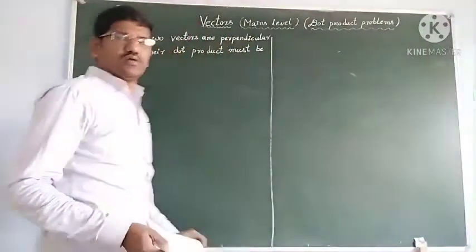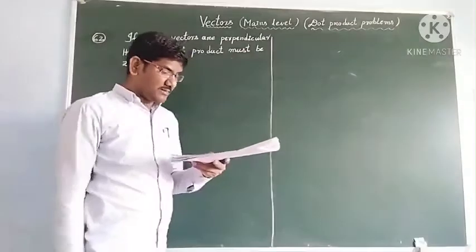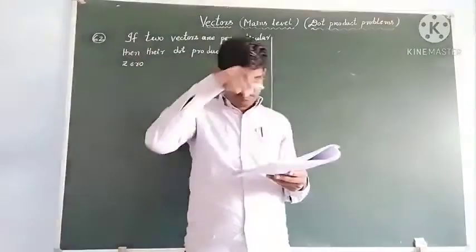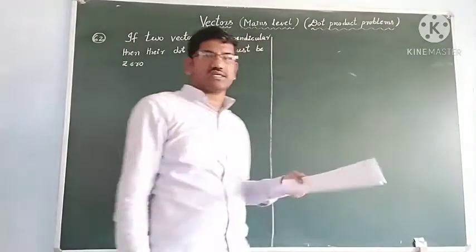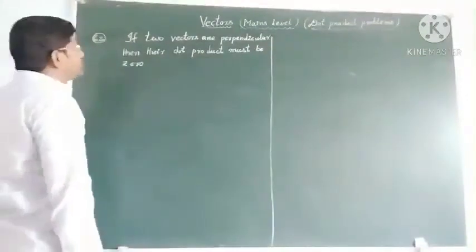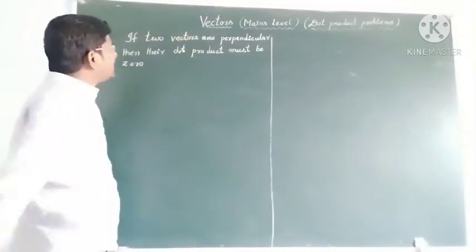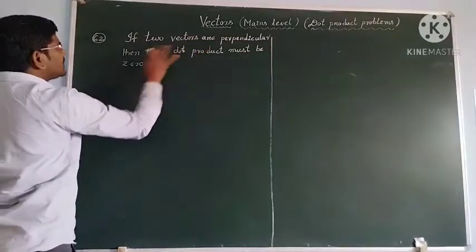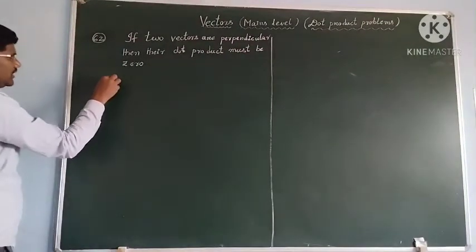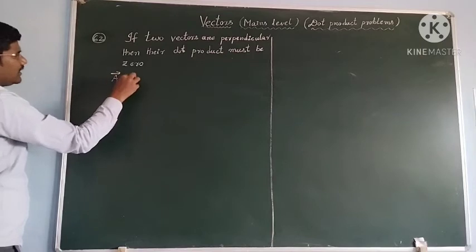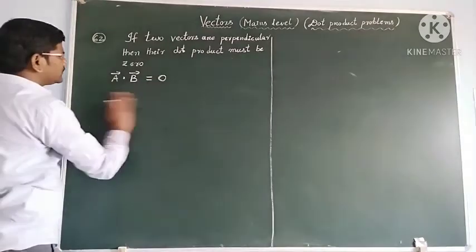Okay students, what is given? Problem number 62. A bar and B bar are two vectors given, and they are perpendicular vectors. Find the value of c, they are asking. If two vectors are perpendicular, then their dot product must be 0. So A bar dot B bar is equal to 0.